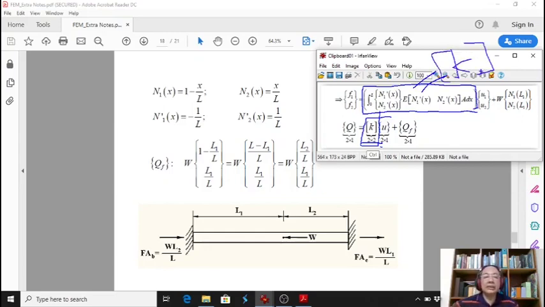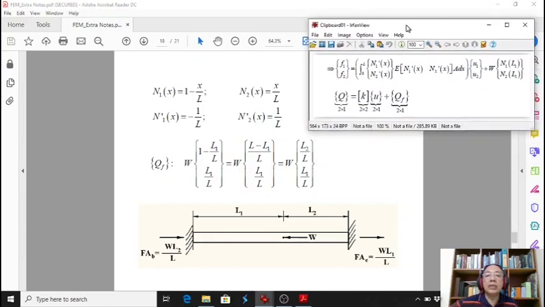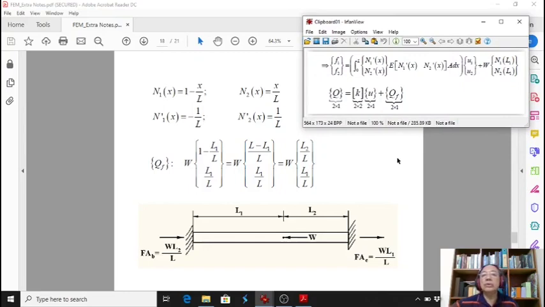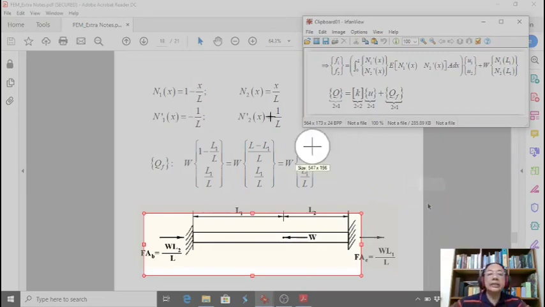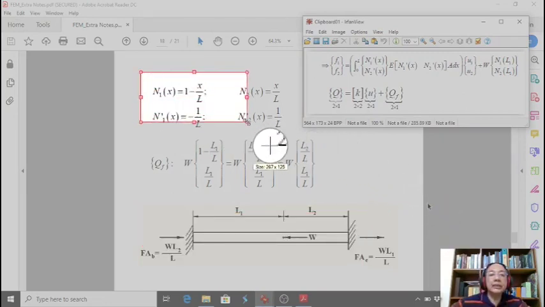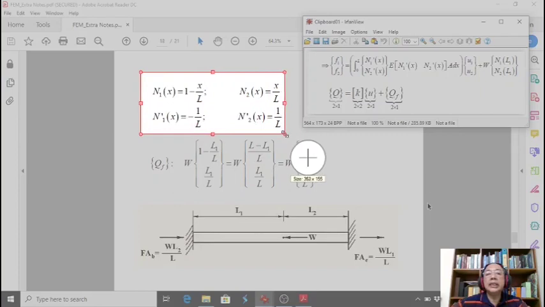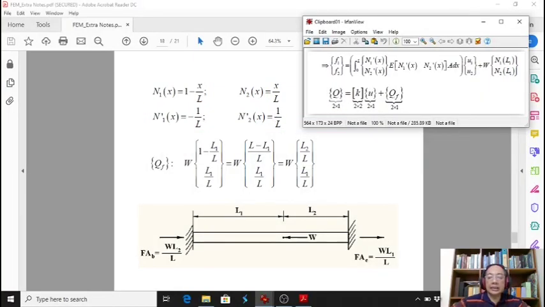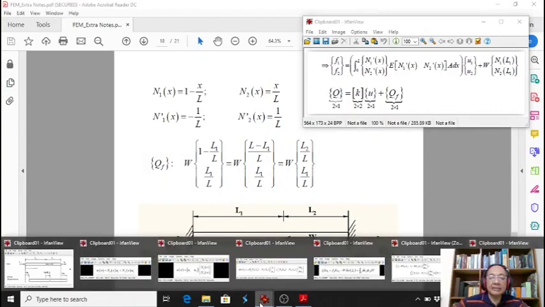We still use this. Okay, I need to take a new screenshot here. This is N1 and this is N2, from the previous slide.